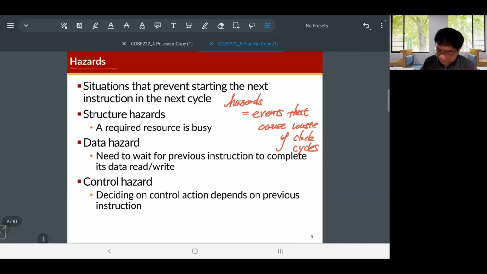That is the meaning of hazard. What does that mean? Until now, we assume, just as an assumption, one instruction can be executed per clock.